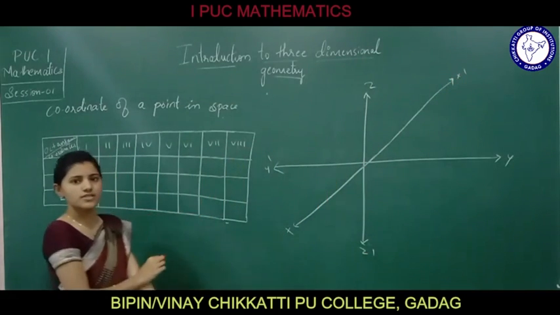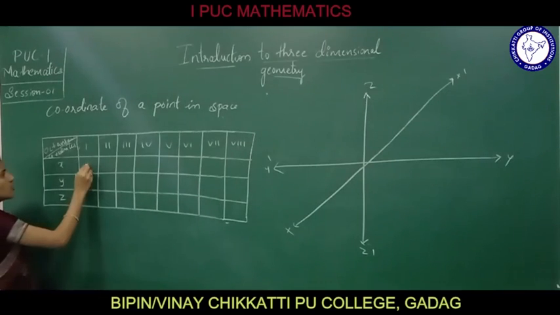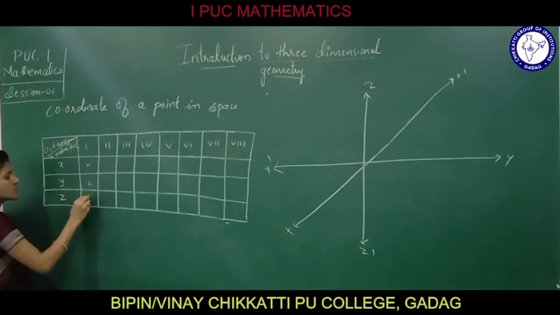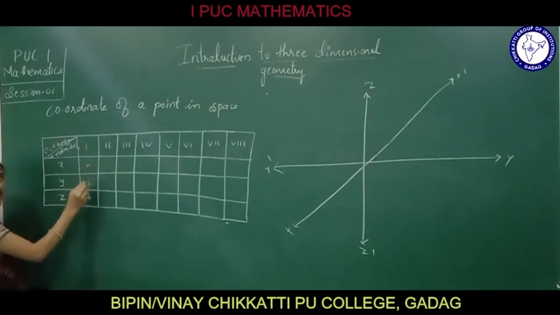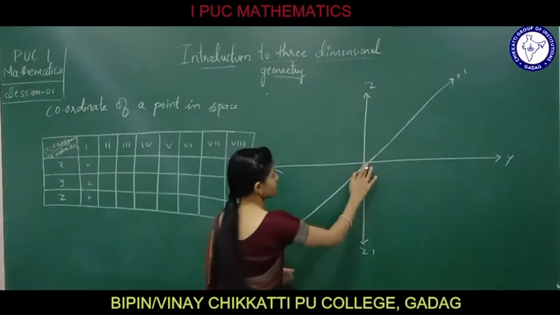So in the first octant, along X, O, Y and Z, we are going to get all three positive: X, Y and Z all positive. The next one we are going to get is in the second octant, where it is the origin.